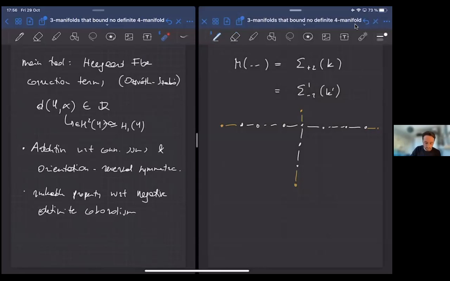It's both a positive surgery and a negative surgery along some knot in some Brieskorn sphere, perhaps up to orientation. And this is what I was mentioning earlier when I said that the theorem is very false in the topological category. Once you have such a surgery picture, you can look at the trace of the cobordism and then glue in Freedman's sphere and produce something negative definite or something positive definite whose boundary is your M.